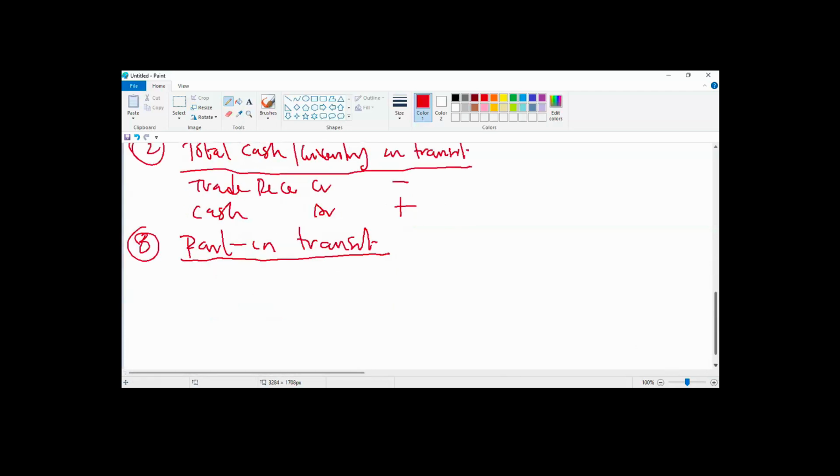Look at it. I will say trade receivable, credit minus. That part of the cash that is in transit, I will debit plus. Trade payable.